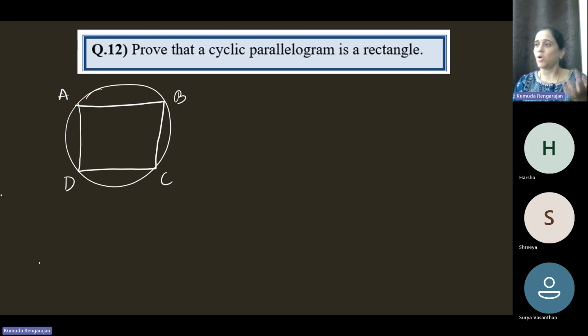Now, this one is already a parallelogram. So to prove it's a rectangle, just one thing you have to do. Show that one angle is 90 degrees, because it's already a parallelogram. So you just have to show that one angle is a right angle. So it's a rectangle.